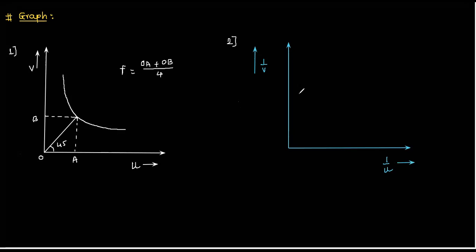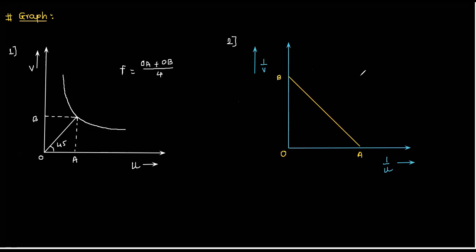If you plot this graph, you will get one straight line like this, which has a negative slope, we can say. Mark this point as O, this point as A, and this point as B.